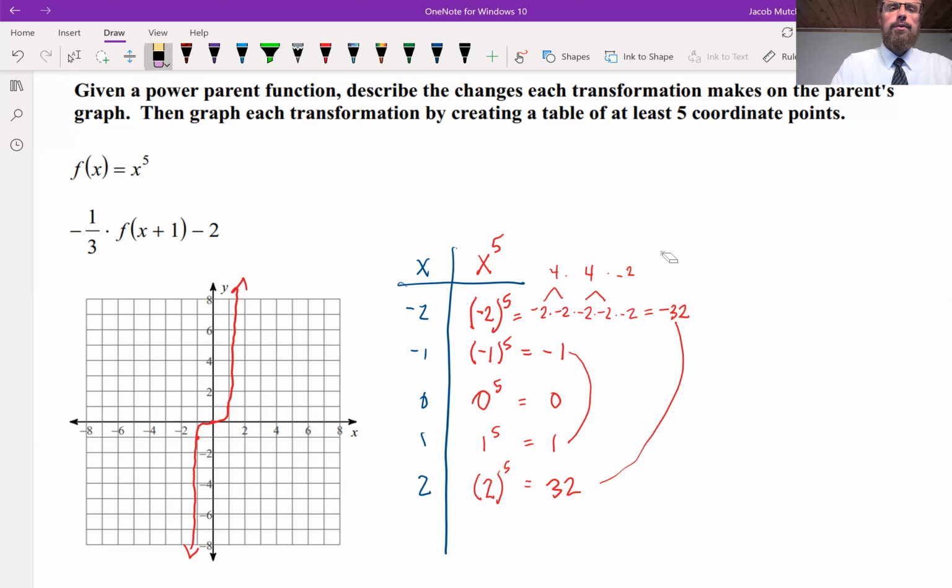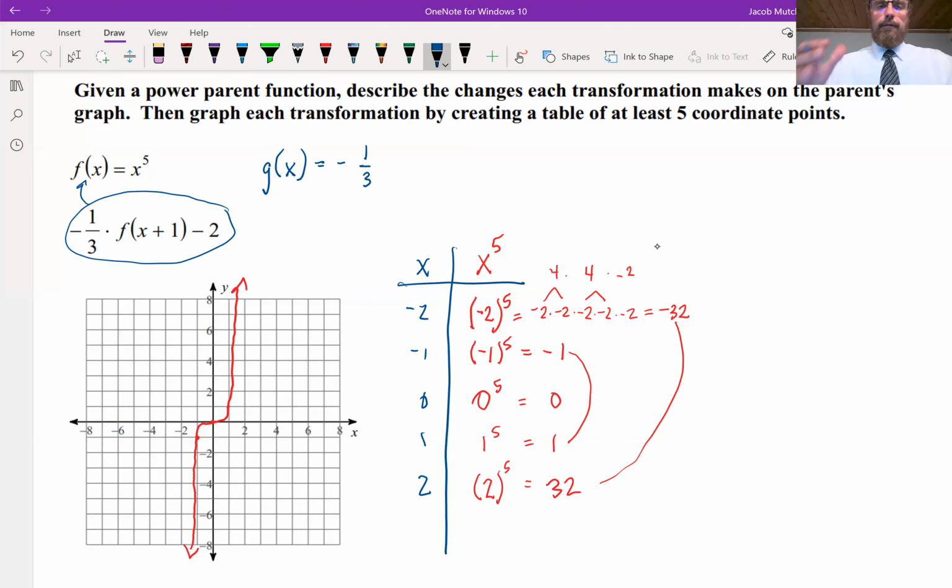So I'm going to start by taking this transformation rule, and I want to apply it to the actual f of x equation to write our transformation equation. I'm going to call our transformation g of x, since the parent is f of x. And I'm going to write the pieces around the function in place. So the -1/3 is just out front, multiplying times the function, which is f of x.